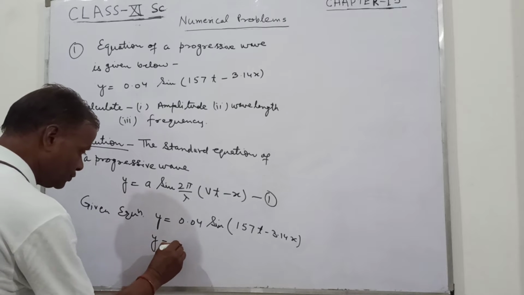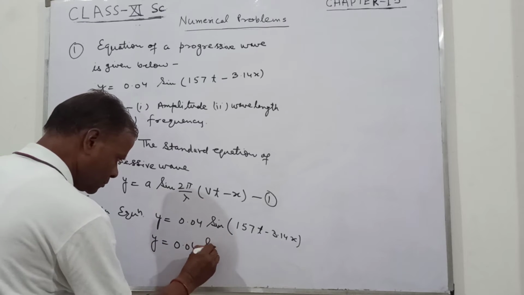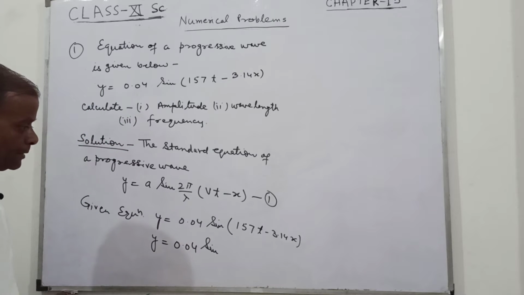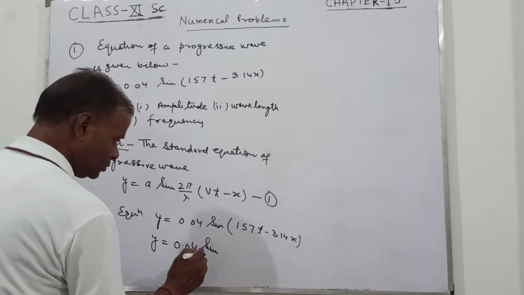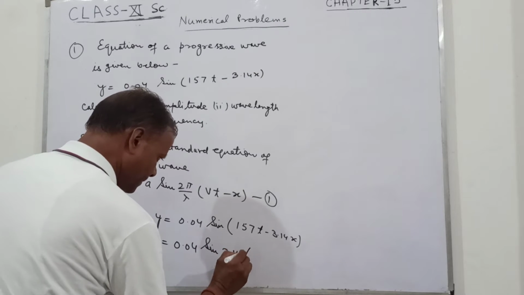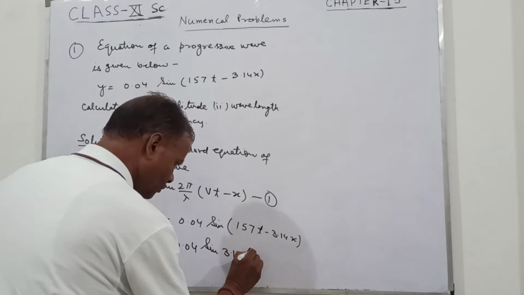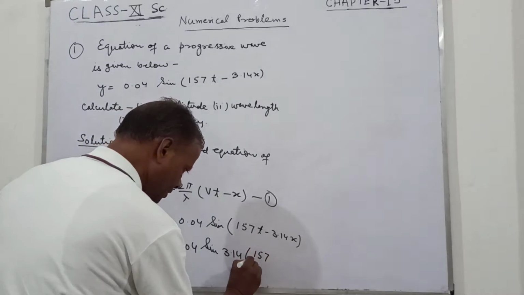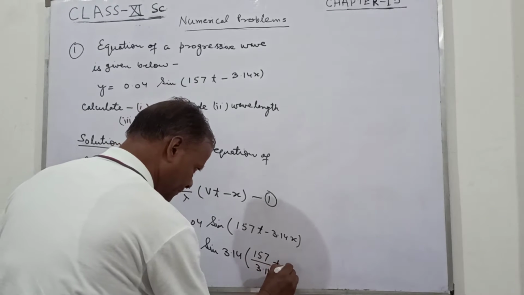Y equal to 0.04 sin, and we take common 3.14 from all, so this is now 3.14 into (157 upon 3.14 t minus x).